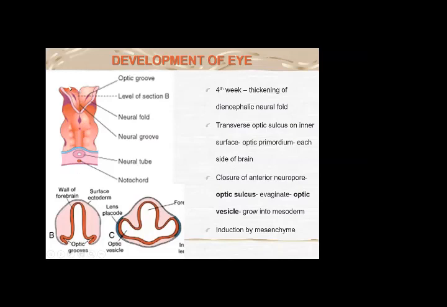This is just a quick recap from what you did in first year, general embryology. So these are the thickened neural folds. This is the inside of the tube. This is the outside of the neural tube. Up this end is the most cranial end of the neural tube, and this is where the forebrain is to develop.